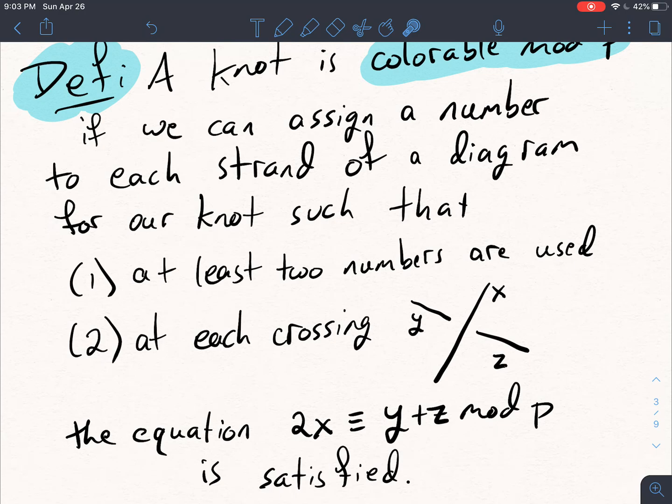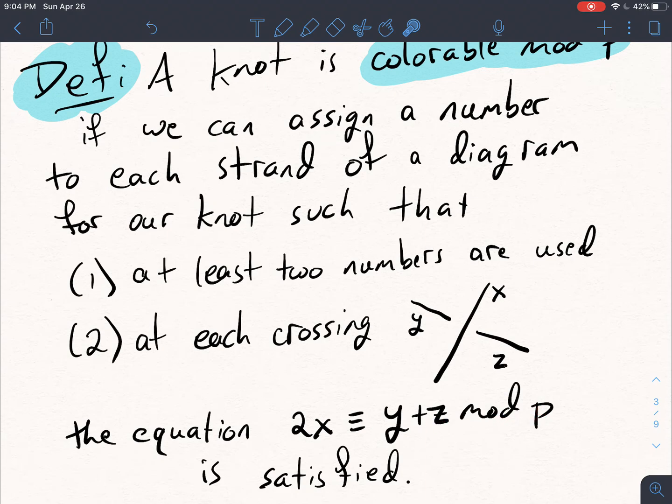And the second is the more important thing that we need to specify, and that is at each crossing. So let's say we have our over strand labeled by x, and then our under strands are labeled by y on this side and labeled by the integer z on this side.